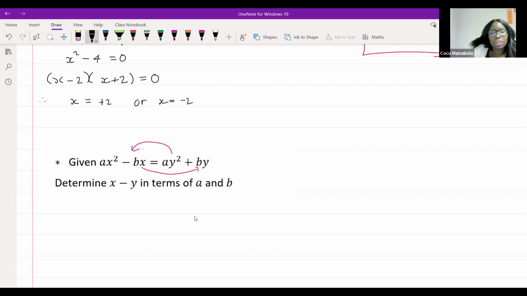Right, so I'm going to get AX squared minus AY squared is equal to negative BX will come over and become BX plus BY. Aha, Shulani, there we go. And then we will use HCF. Right, what HCF do I have on the left-hand side?